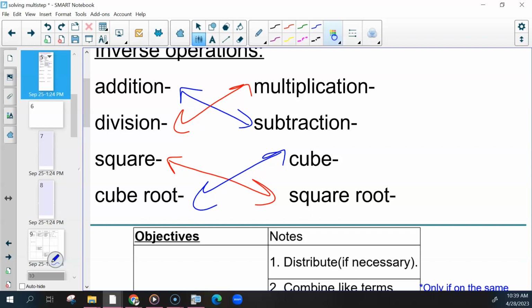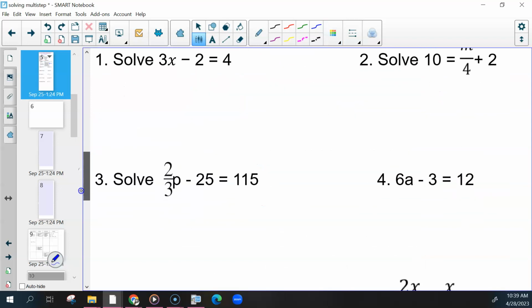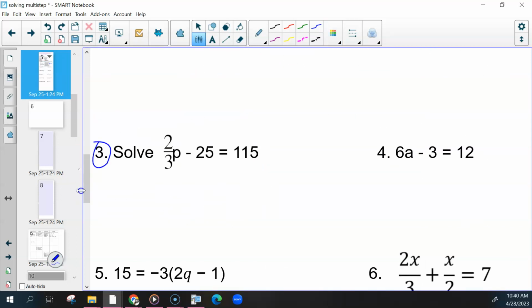On this page, look at the questions. Which ones do we want to see, do, go over, review? Colin. 3. Any others?